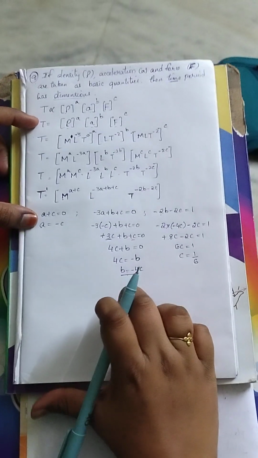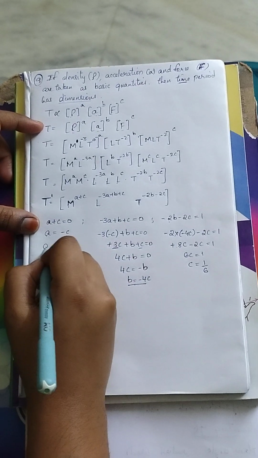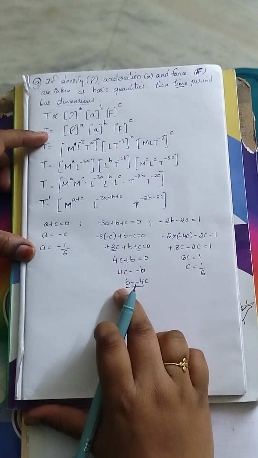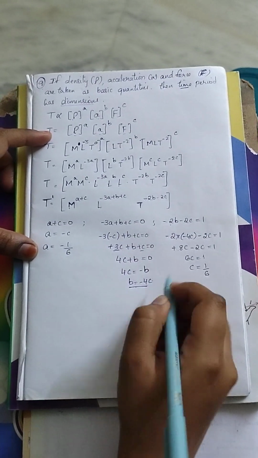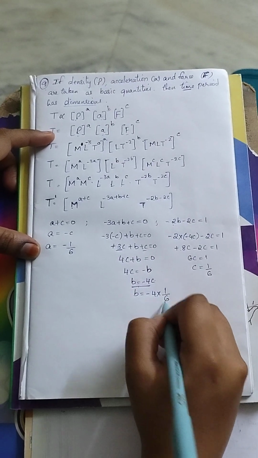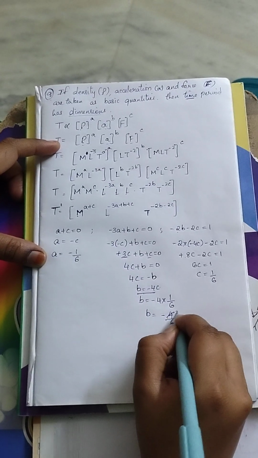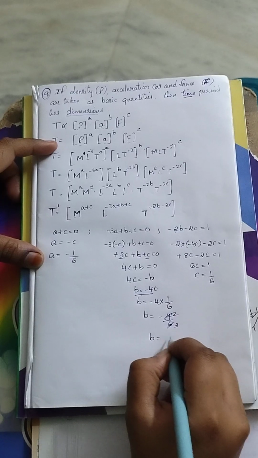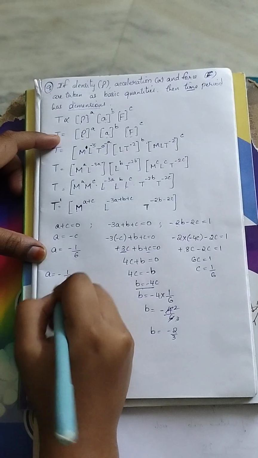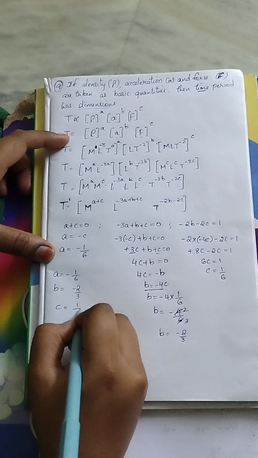So we have got the value of a: a is equal to minus c, that means a is equal to minus 1 by 6. And also we have b is equal to minus 4c. We got the value b is equal to minus 4 into 1 by 6. You can write b is equal to minus 4 by 6, and in the 2 table, 2 times and 3 times, b is equal to minus 2 by 3. So now a is equal to minus 1 by 6, b is equal to minus 2 by 3 and c is equal to 1 by 6.